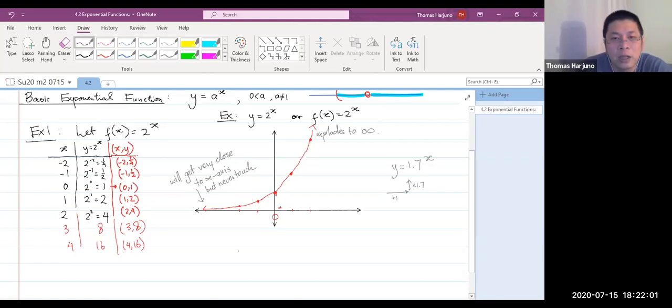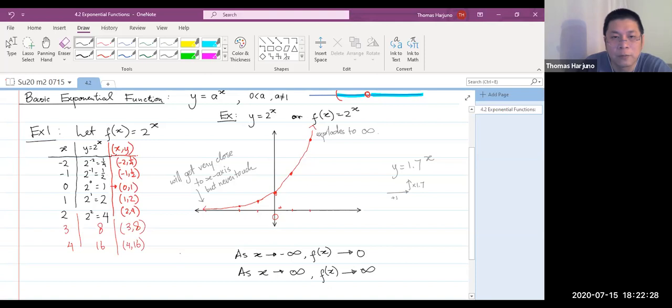What can we see from here? It means as x goes to negative infinity, f of x, the basic exponential function, is going to 0. That's the limit. It will not touch, but gets closer. As x goes to positive infinity, the value of the function will go to infinity as well.